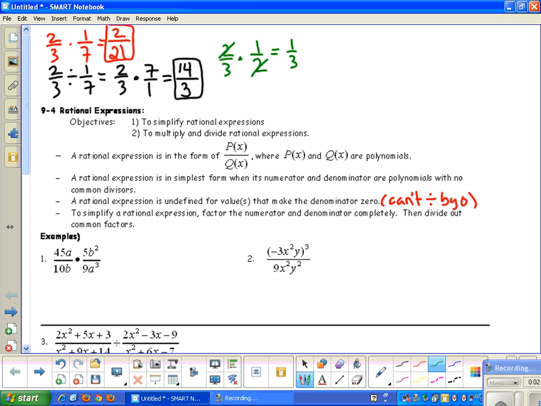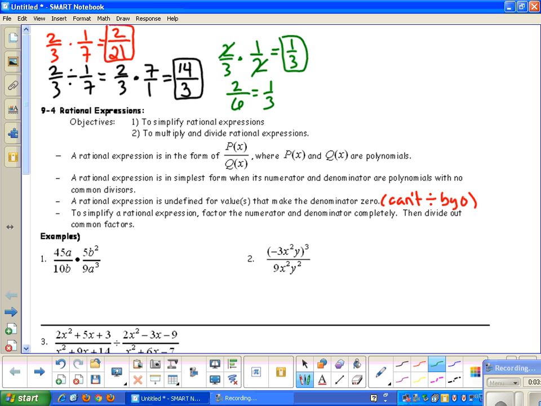Or if you look at it, before we cancel out those terms, you would have had 2 in your numerator, because 2 times 1 is 2, and 3 times 2 is 6, which reduces to 1/3. So that's what I'm talking about, canceling out something from your numerator and your denominator, because you have a 2 in each. And so then that gives us 1/3.